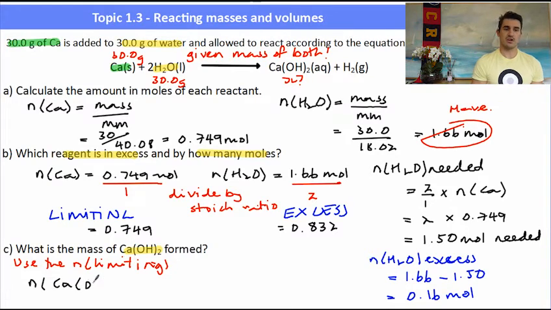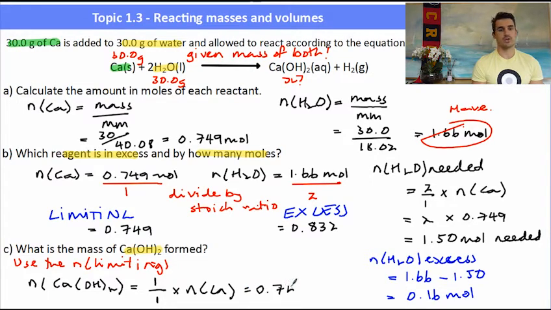The number of moles of Ca(OH)2 is equal to 1 over the ratio of calcium, 1, so it's just the same, times the number of moles of the thing that we know, the limiting reagent. So it's the same as the number of moles of calcium, 0.749.